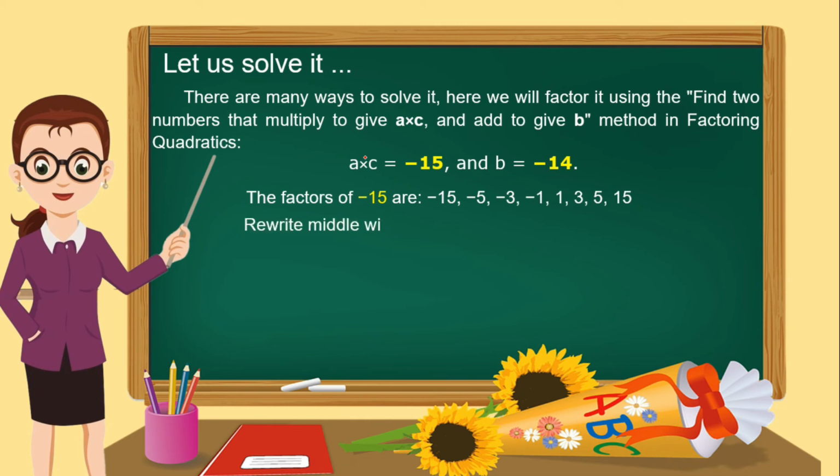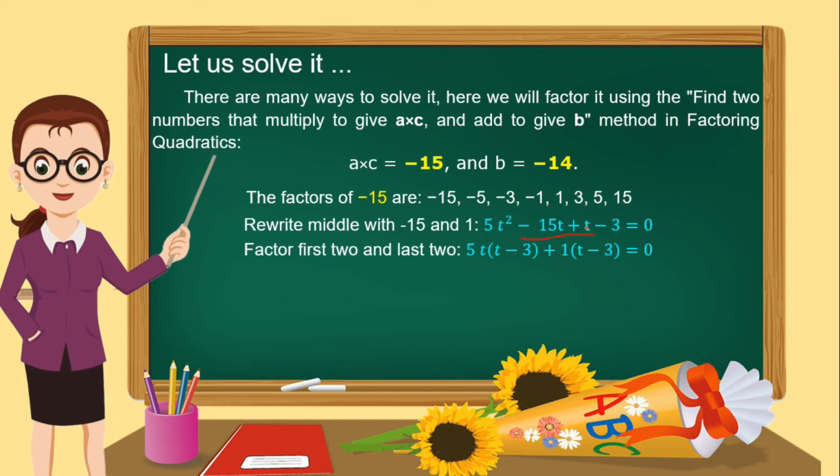Since we found that 15 and negative 1 will work, we rewrite the middle term with negative 15 and 1. So we have 5t squared minus 15t plus t minus 3 equals 0. We don't need to write the 1 because it is already implied. Next, factor the first two and last two terms.